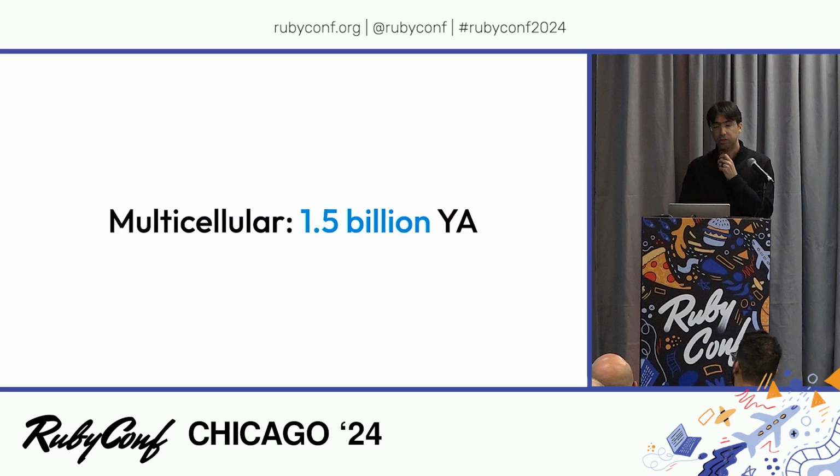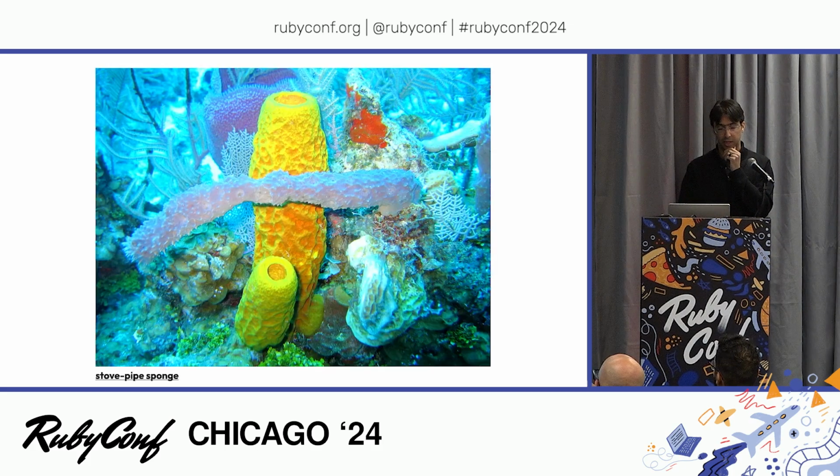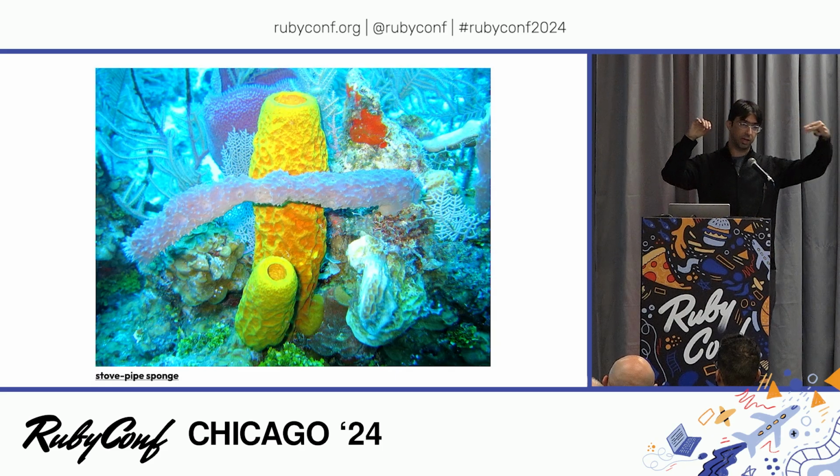So let's go back to life and see, how does life deal with multicellular structures? One of the early multicellular life forms would actually look something like this. So this is a stovepipe sponge. Really cool organism. So the individual cell actually looks a lot like the E. coli that I showed you, with the cell membrane and the tail.